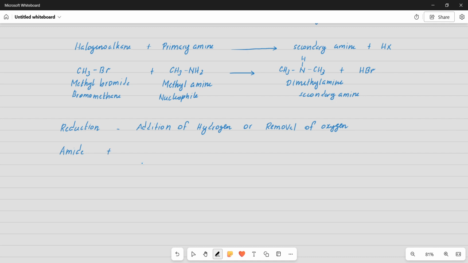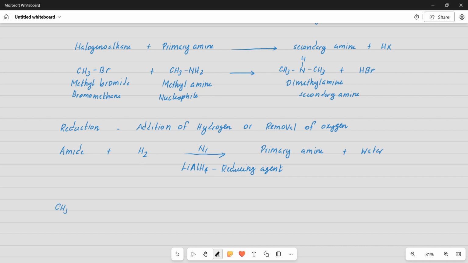When I take amide and I use hydrogen in presence of nickel as the catalyst, otherwise I can use lithium aluminum hydride, which is a reducing agent, which leads to primary amine and water.